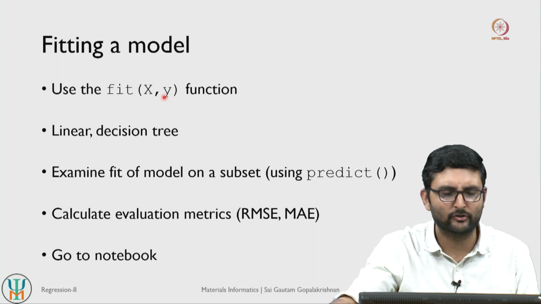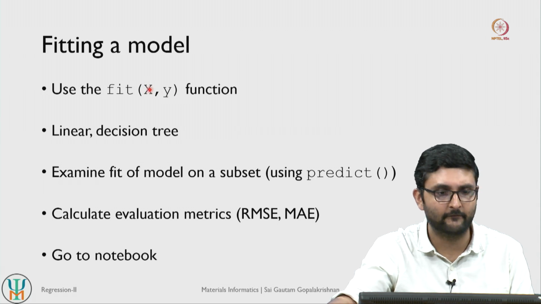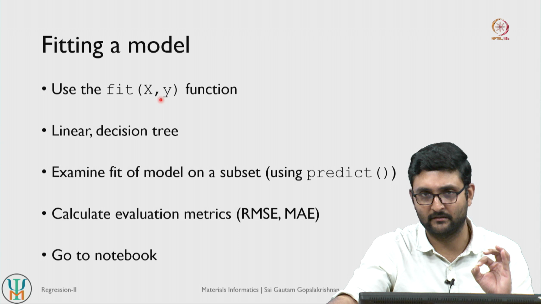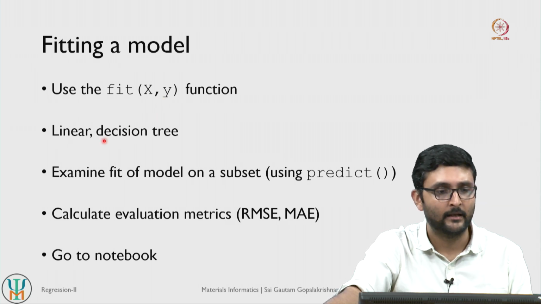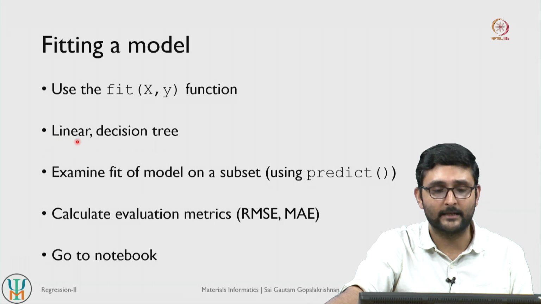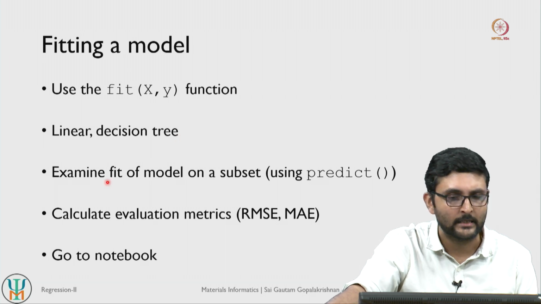This also can be a numpy array. You simply call fit of x comma y and your model has been fit already. That's very simple to actually fit models in scikit-learn. Now we will explore a simple linear regression model and a simple decision tree model, and we will see how these 2 models perform.